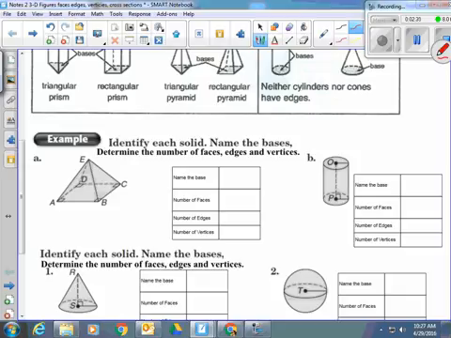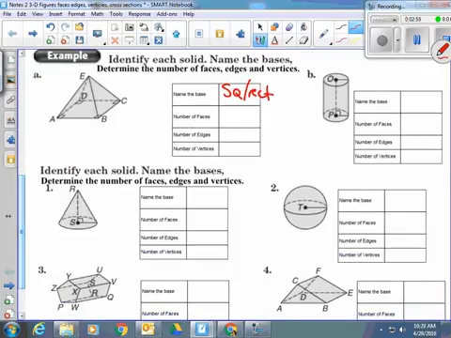So let's take a look at A first. Name the base of this shape. Square, or rectangle. I don't know for sure if all the sides are equal or not, but I know all the angles equal 90 degrees, so it's either a square or a rectangle. How many faces are there? 5.